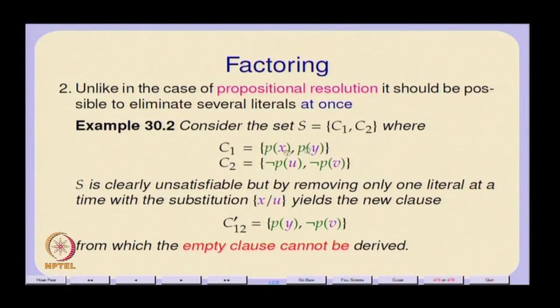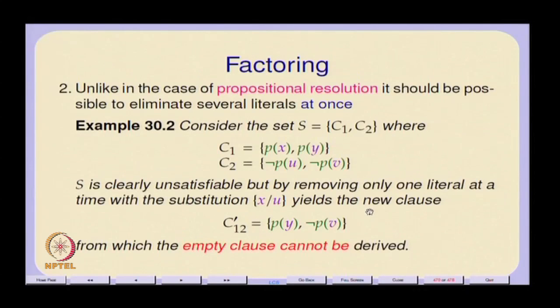And that is unsatisfiable, but the result is something which essentially eliminates these two terms after unification. It leaves y and v unchanged, and so the result is for all y, for all v, p of y or not p of v, and from that you cannot derive an empty clause.